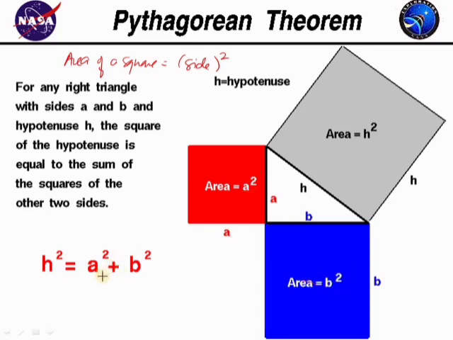So this sum will be equal to the area of the biggest square, which is h square. So this is the Pythagoras theorem. This is the statement of the Pythagoras theorem, or sometimes you can say hypotenuse square is equal to perpendicular square plus base square. Both of these represent the same thing, and they are called the Pythagoras theorem. Pause the video and make a note of the statement of the theorem.